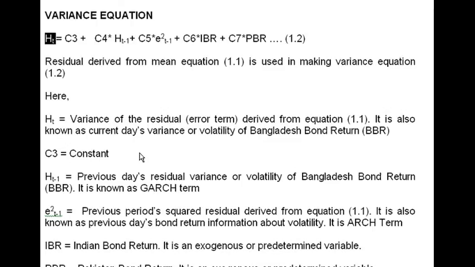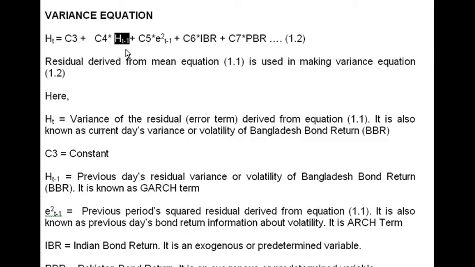Bangladesh bond return. And C3 is the constant. You can see from here, C3. And then what is C4? C4 is the coefficient of HT minus 1. HT minus 1 means 1 period lag of HT.